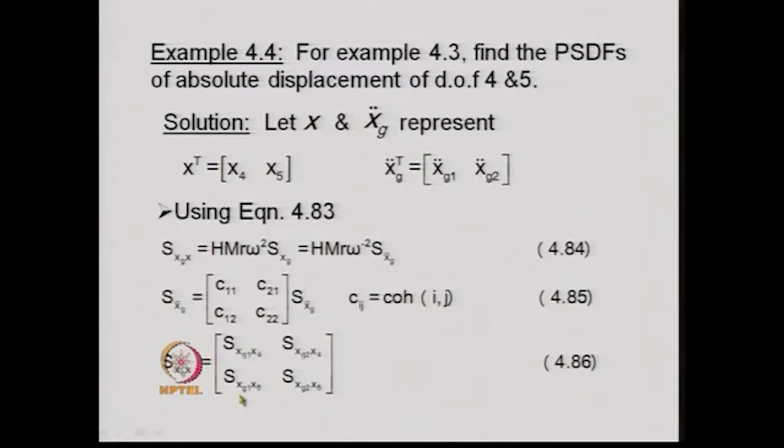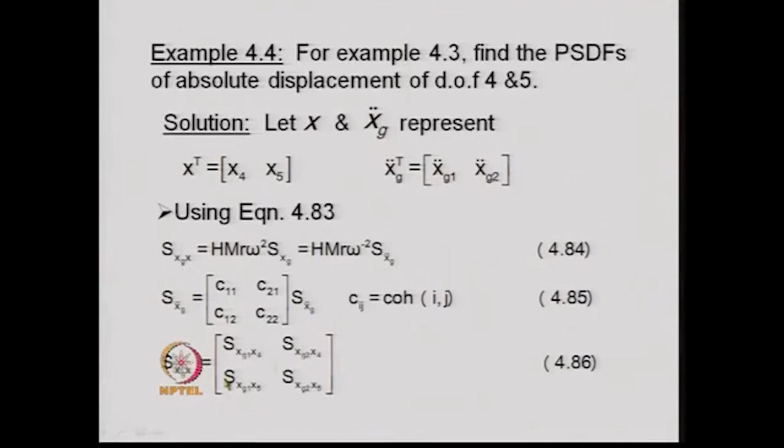Similarly, Xg1 Xg5 indicates the cross power spectral density function between the excitation at support 1 and the displacement x5. In that fashion, one can also describe the cross power spectral density function between support 2 and displacements 4 and 5. So that gives us the XGX matrix.